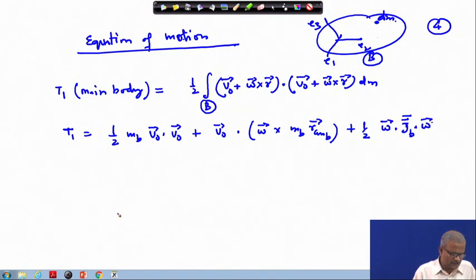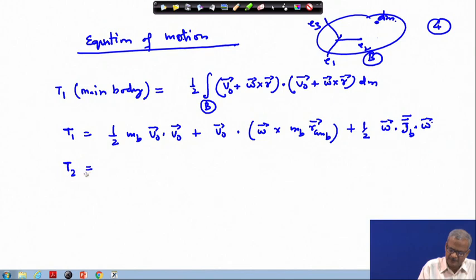I will try to scan some of the pages and provide them as supplementary material. You try to work out this portion yourself and you will find these things later on as supplementary material.